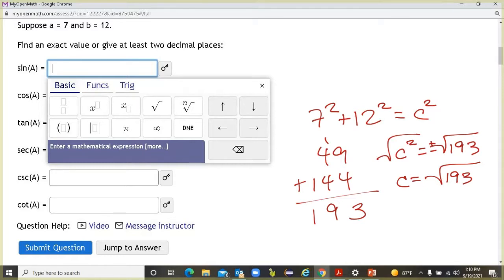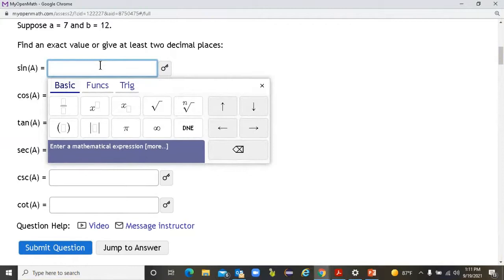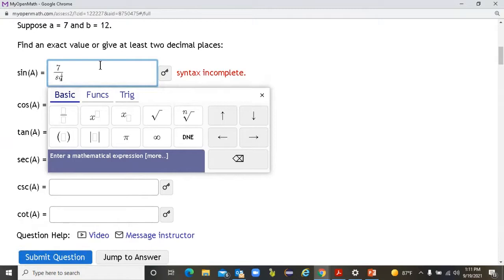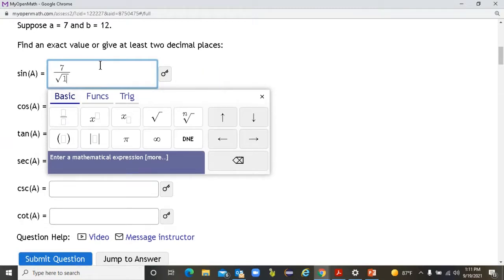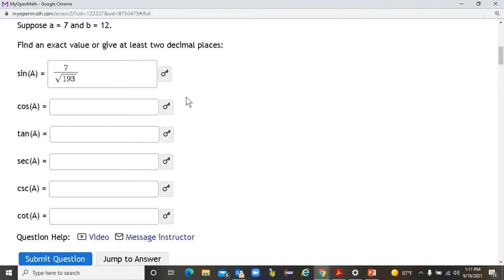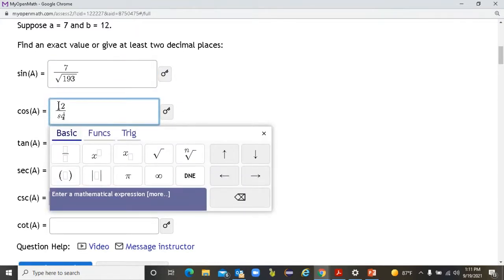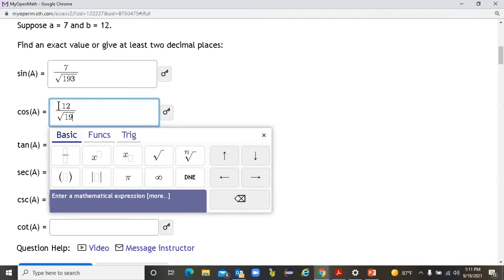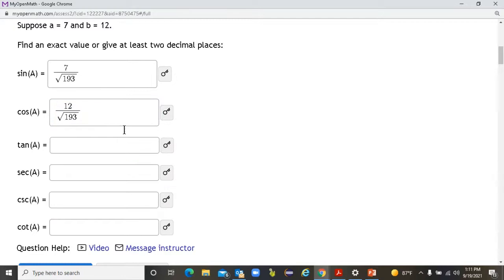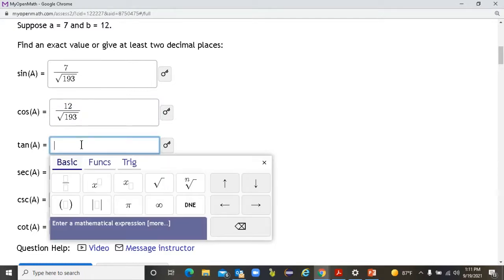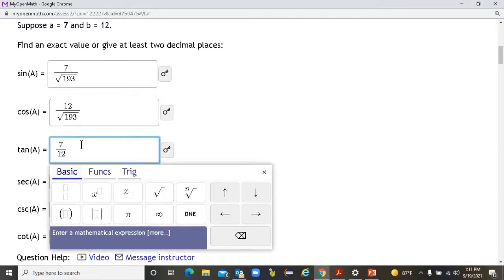All right, so let's answer all of our questions now. So sine is opposite over hypotenuse, so there's that one. Cosine is adjacent over hypotenuse. Tangent is opposite over adjacent.